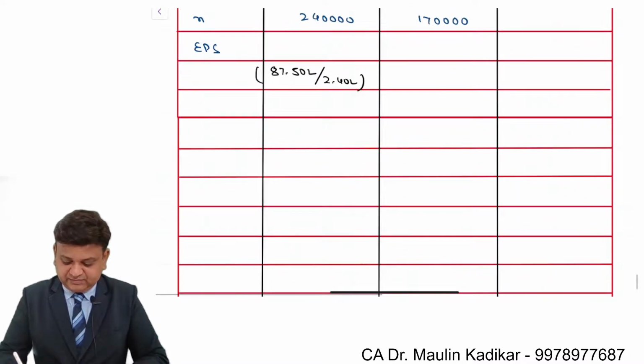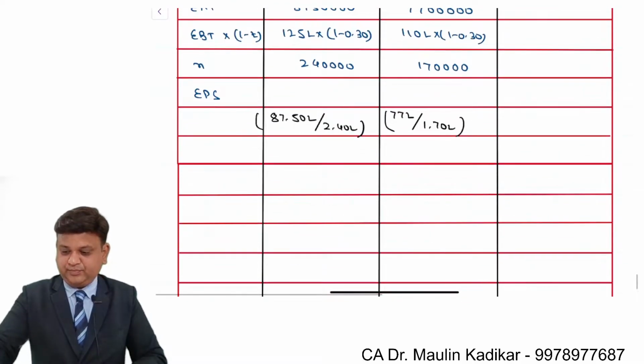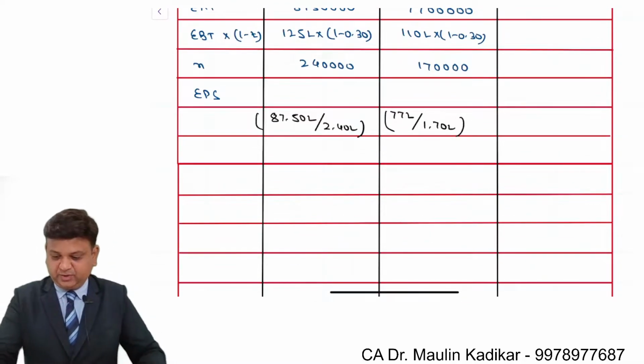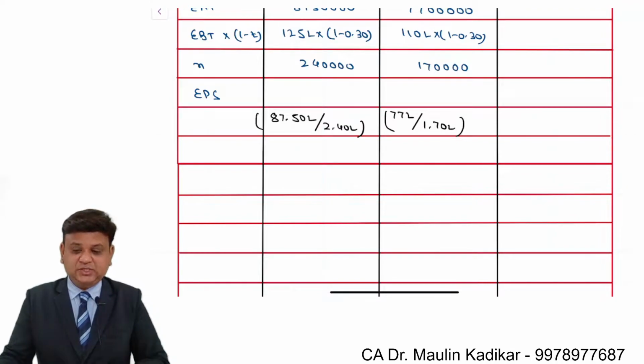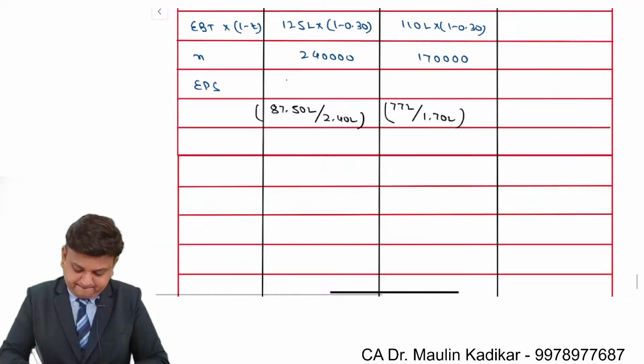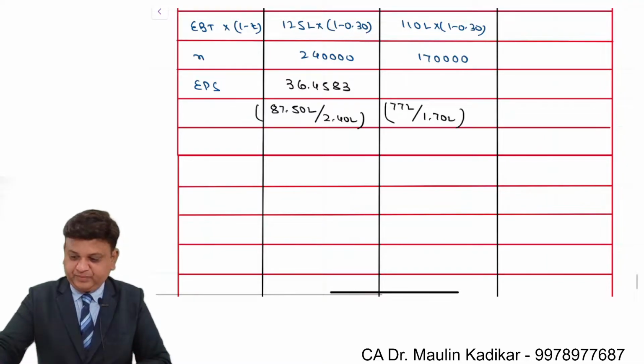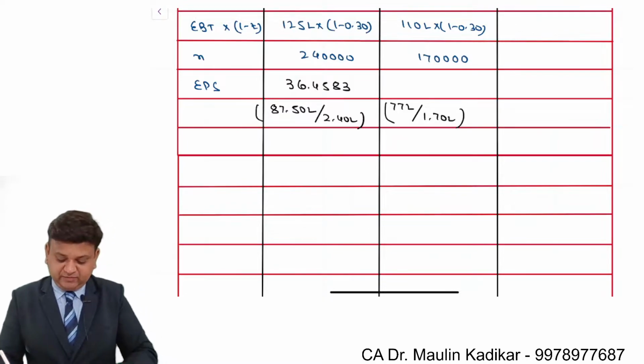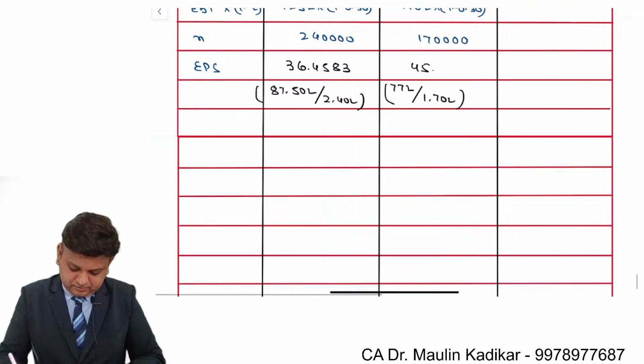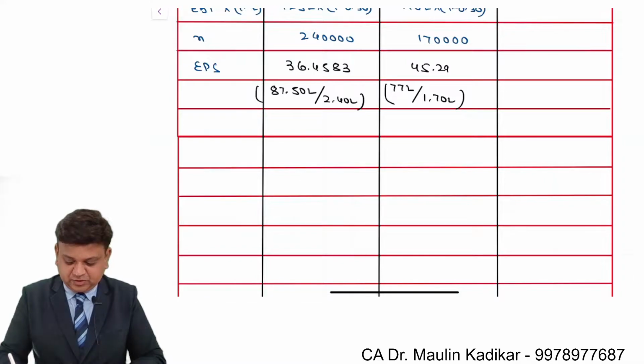On the other hand, 77 lakhs divided by 1,70,000. So 87.5 upon 2.4, 36.4583. 77 upon 1.7, 45.2941, sorry.